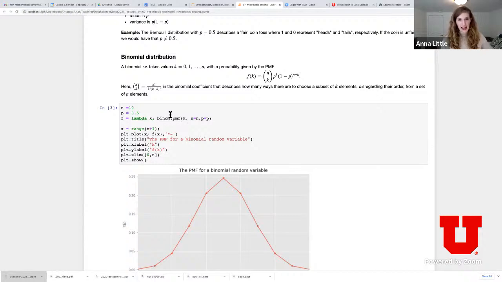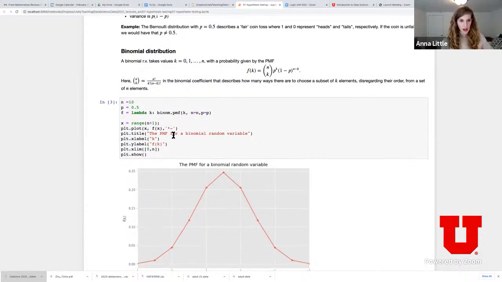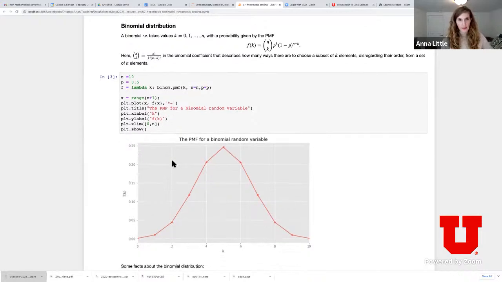So this maps k to the PMF evaluated at k. And then we can plot this, right? We get our range of values from 0 to n, and then plot the PMF of the binomial random variable. And you notice it looks a little bit like a bell, but a little bit of a spiky bell. There aren't that many different values here.